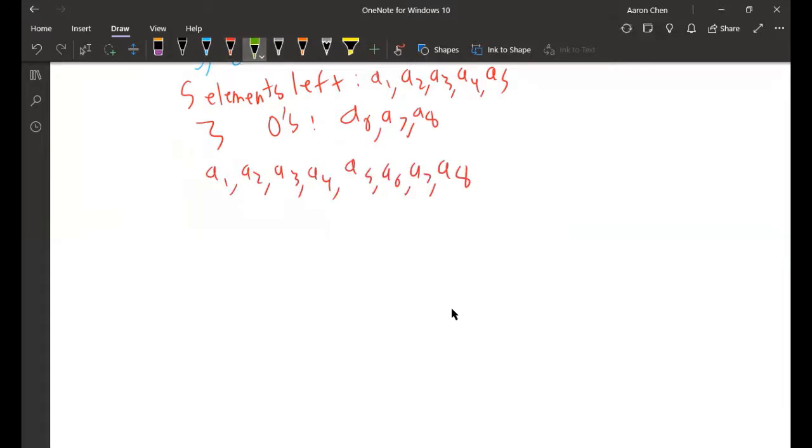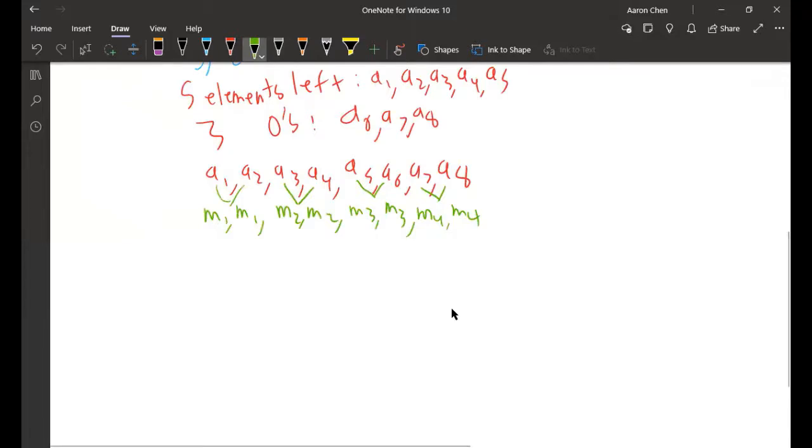And so now, we can let A1 and A2 reach M1, where M1 is just (A1 plus A2) divided by 2. And so this would be M2 and M2, and this would be M3 and M3, and this would be M4 and M4. And so it would look like this.